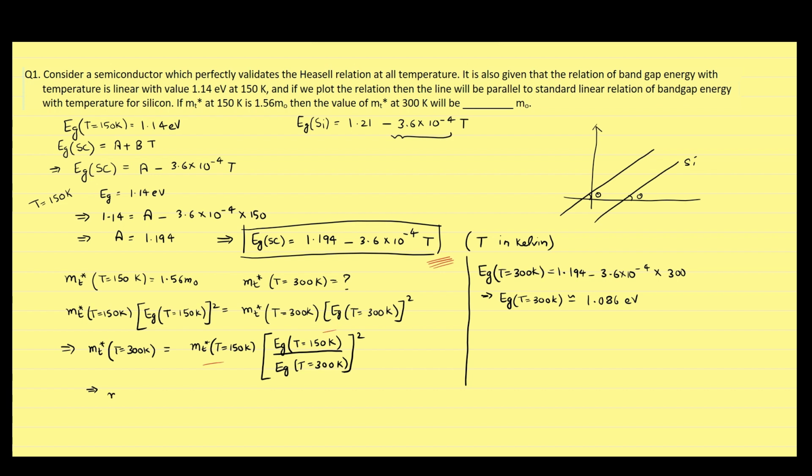Transverse effective mass at 300 Kelvin will be equal to 1.56 m naught multiplied by 1.14 divided by 1.086 raised to the power 2, which will come approximately equal to 1.72 m naught. So, the transverse effective mass at 300 Kelvin will be approximately equal to 1.72 m naught.